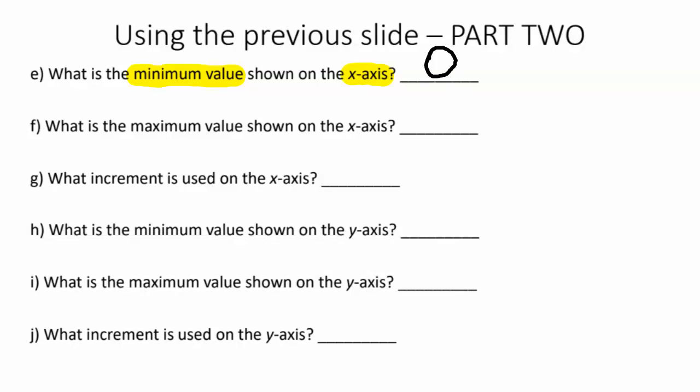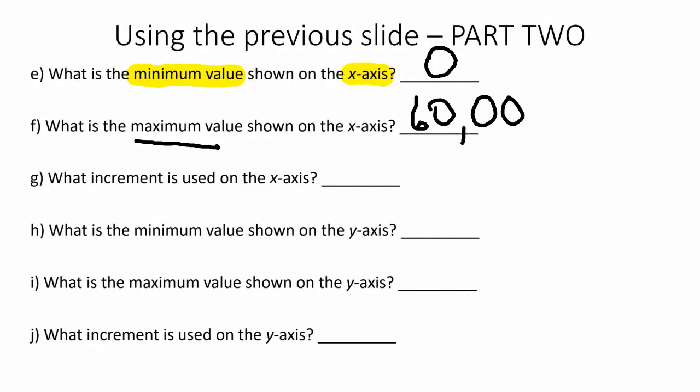And my maximum, notice that I went up to 60,000 because it was 59,500.